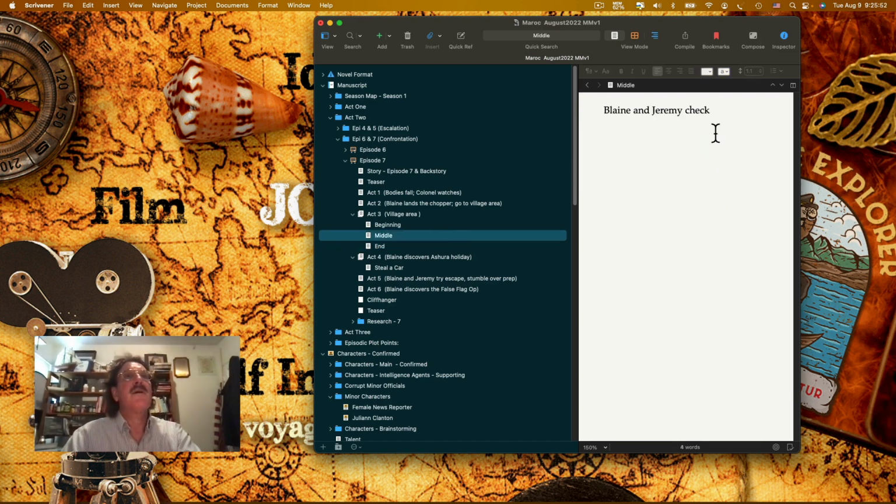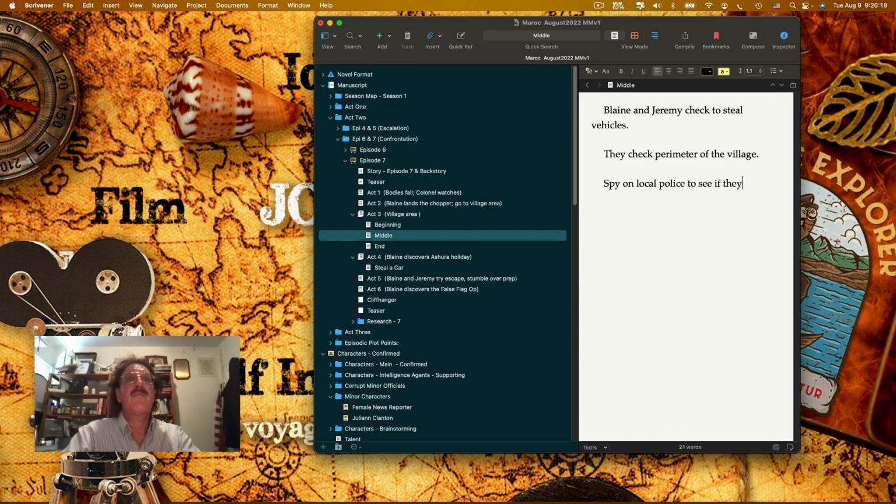In the middle, they check to steal vehicles. They wander off. They check the perimeter of the village. They spy on local police to see if they're alert.